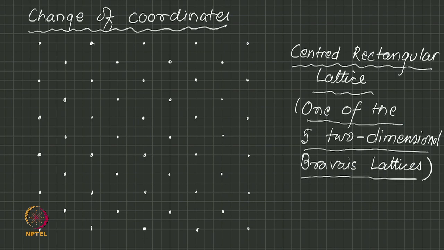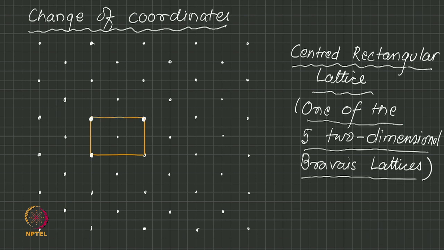So, here you can see why a centered rectangular lattice. You can see that the unit cell is a rectangle, and the lattice points are not only at the corners, but also at the center.